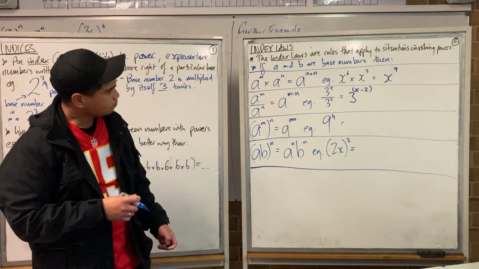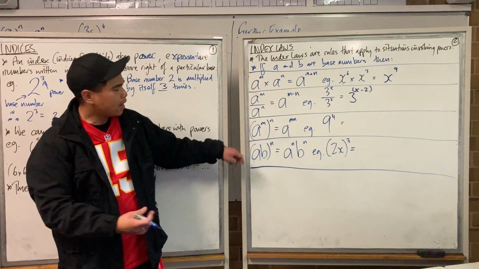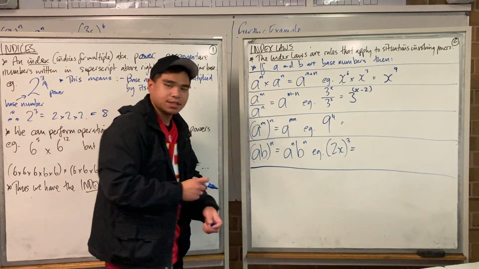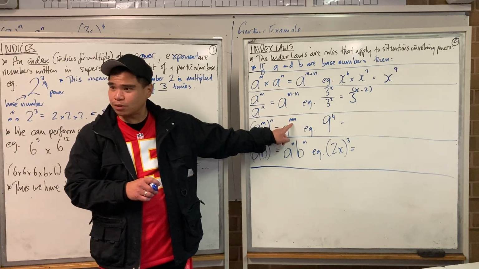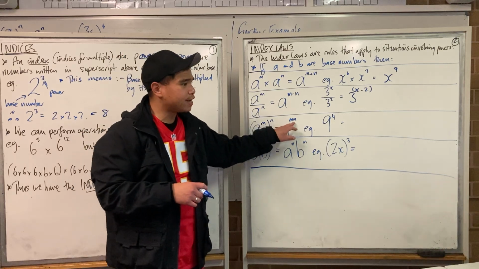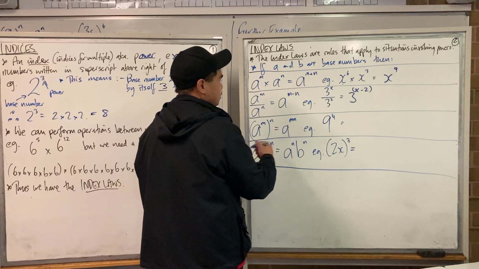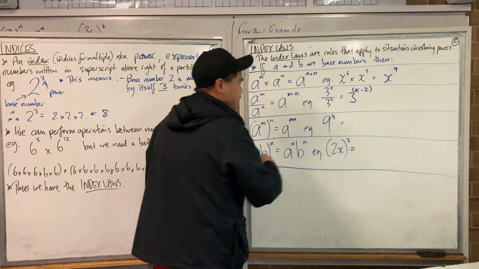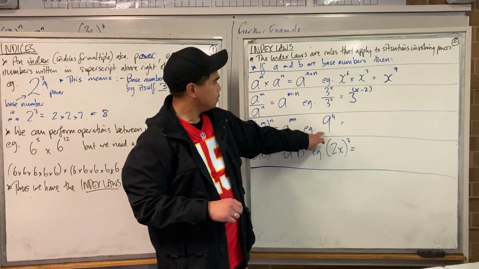Here, I have a base number with a power, and then that itself is raised to a power. What is this telling me that I do with those powers? What is the multiply? The sign in algebra that we do not write is multiplication. So if it says mn, I'm timesing m by n. So here, you're probably telling me, what have you been smoking, Mr. Twazon? That's a base number to a power.